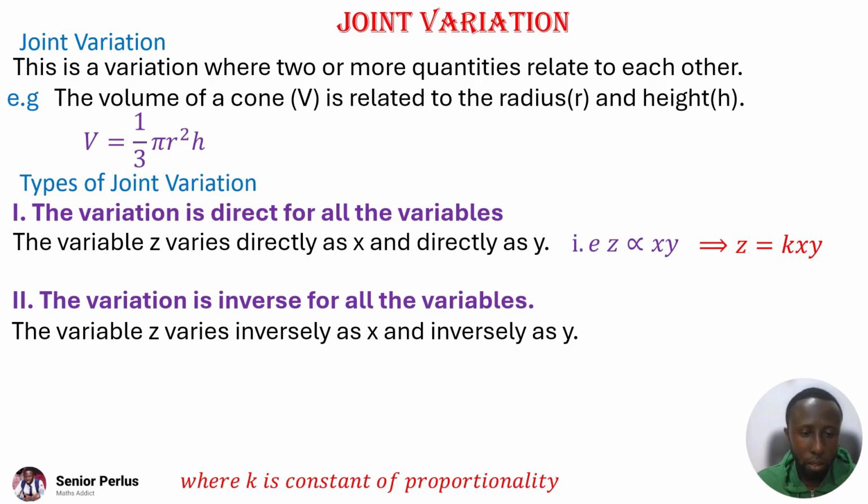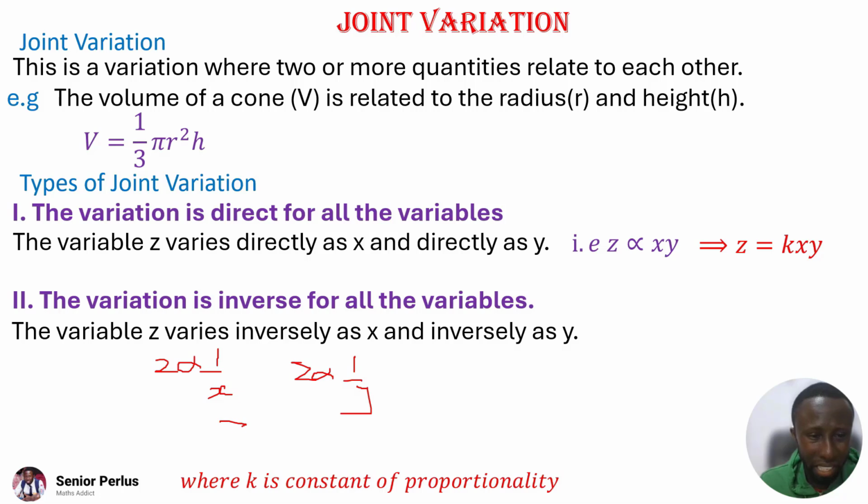Now for the inverse one. It means that z varies inversely as s, and inverse means one over s. And z varies inversely as y. So let's join them, that's why we say it's a joint variation.